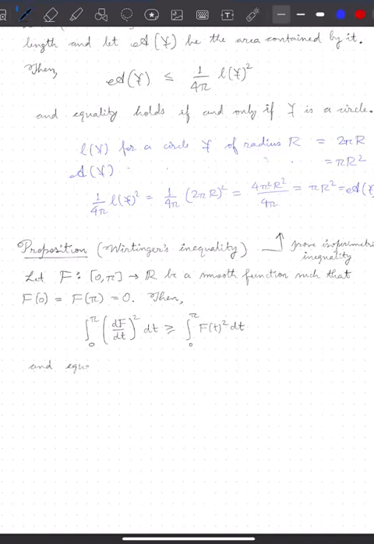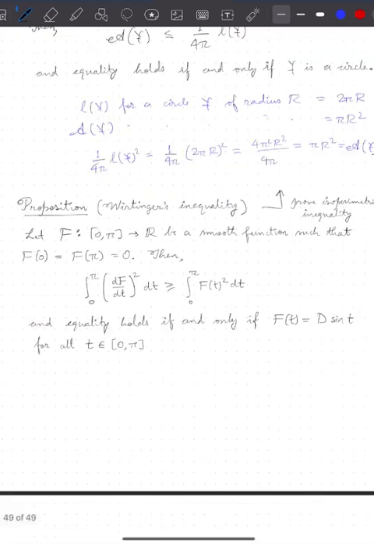And the equality, of course, holds if and only if f of t is equal to d sine t for all t an element of 0, pi, where d is a constant, right?